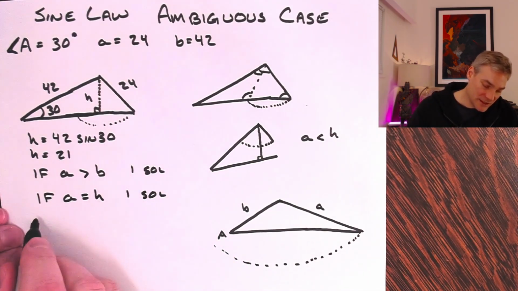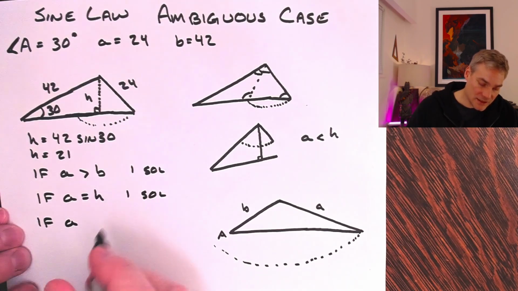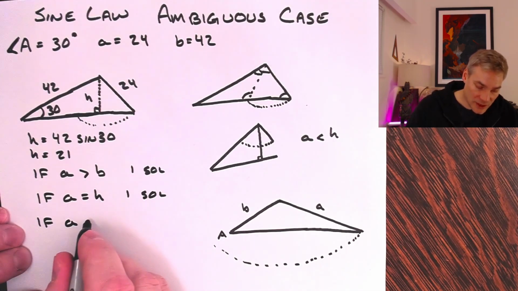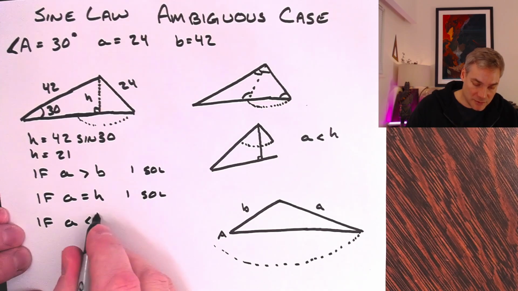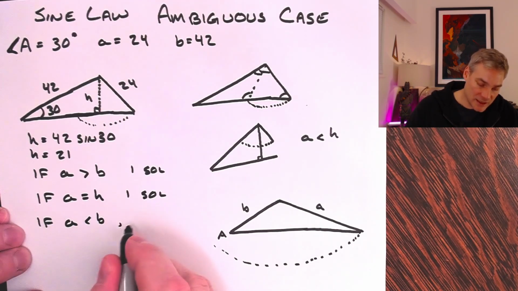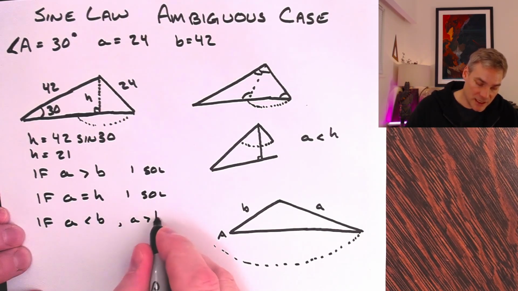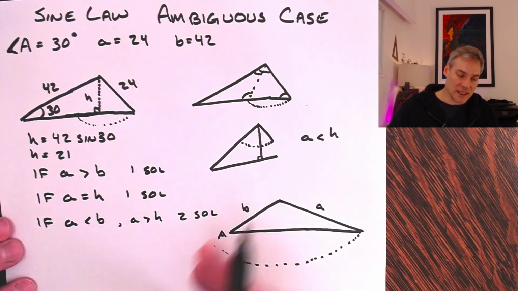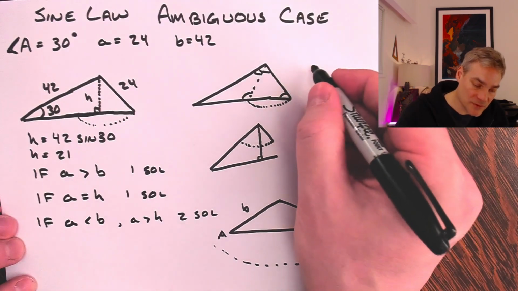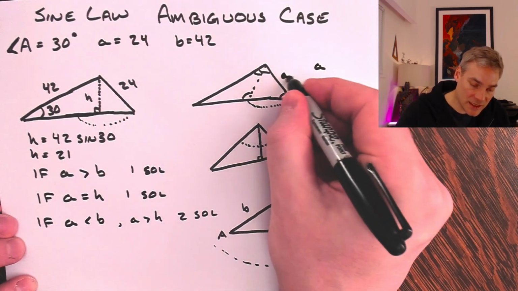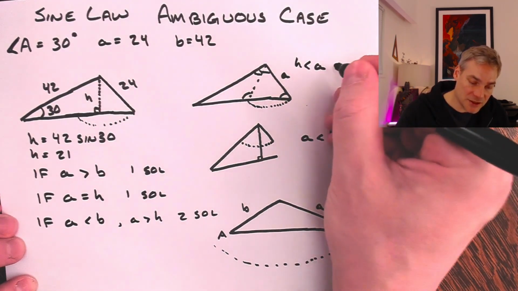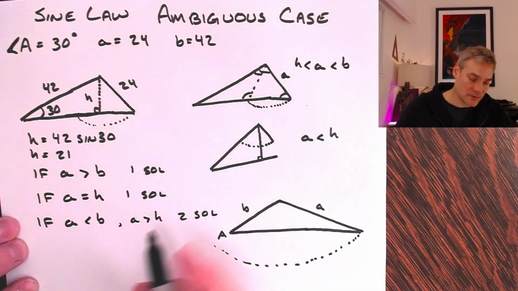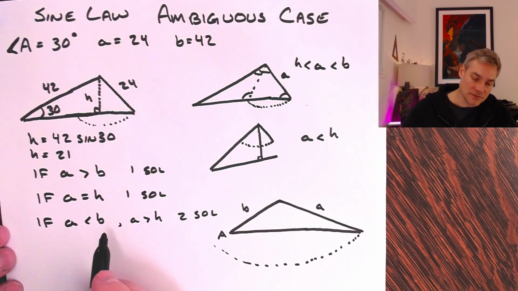But if a is less than b and a is bigger than h, we have two solutions. And that's this case right here, where my side a is bigger than h and less than b. So this is pretty handy.